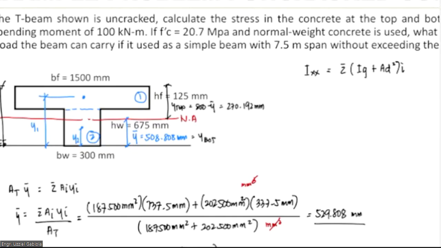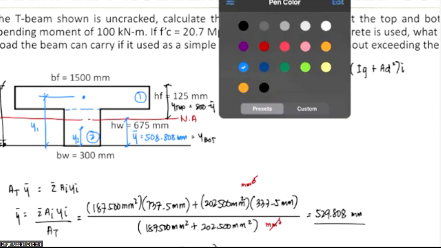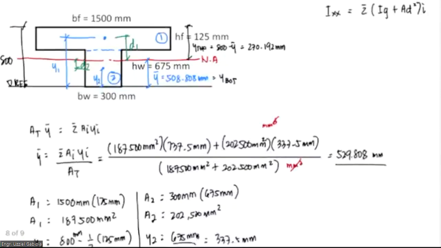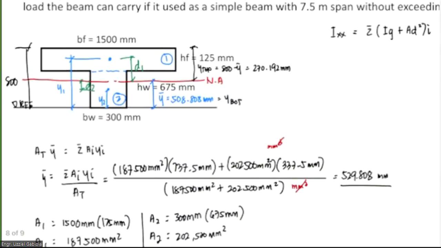So based on our figure, this will be our D1 and this will be our D2. Okay, so according to this figure, how do we calculate D1?